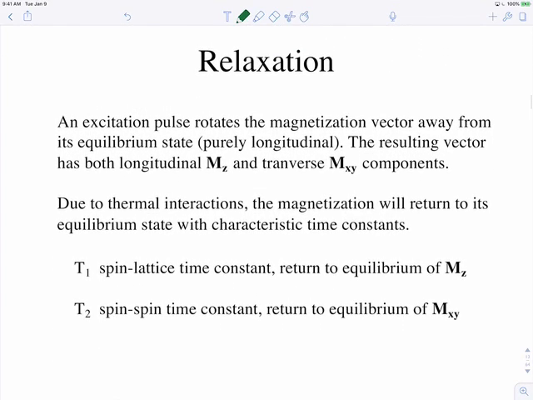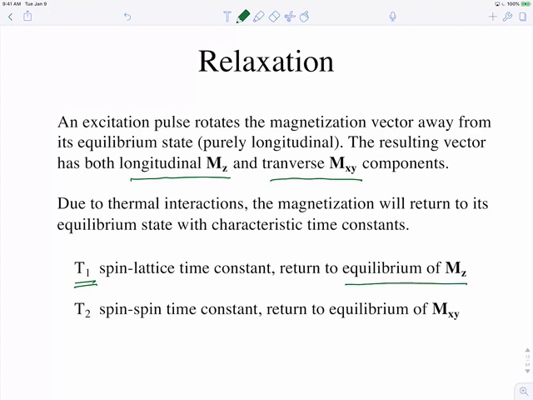So there's really two main types of relaxation we need to talk about. There is relaxation of the longitudinal component, the M sub Z, and there's relaxation of the transverse, the MXY component. Okay? For longitudinal, we talk about a T1 time constant, or T1 recovery. And that's the return to equilibrium of the M sub Z component.